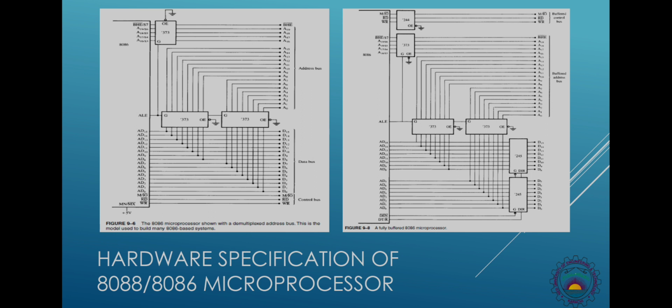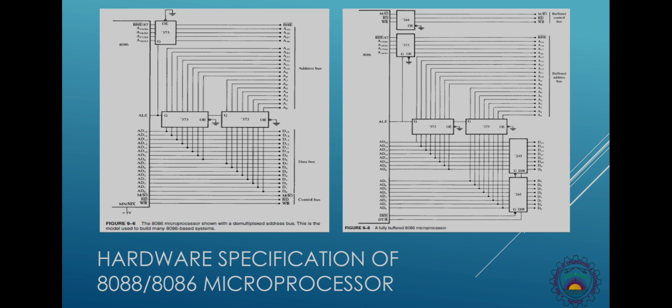In the second figure 9-8, in addition to the latches, there are two bidirectional buffers connected with the data bus, address data multiplex bus, AD0 to AD15. So the first buffer is connected with AD0 to AD7 pins, and the second buffer is connected with AD8 to AD15.